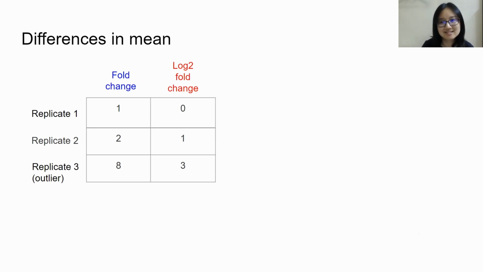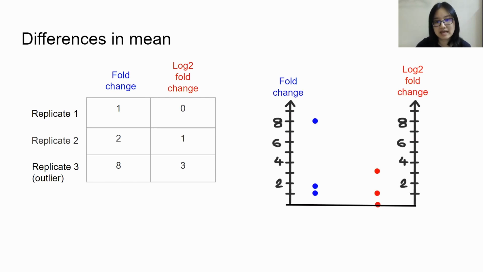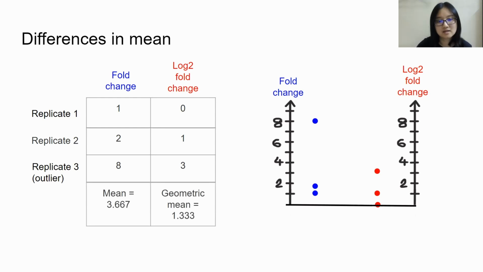Another benefit is that the log2 fold change is a better way to eliminate the effect of outliers. For example, compare the mean of the fold change and the log2 fold change. For the fold change, we get something like 3.667, and for the log2 fold change maybe something like 1.333.